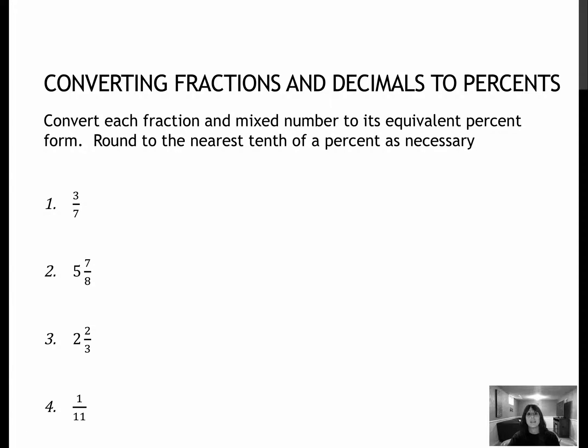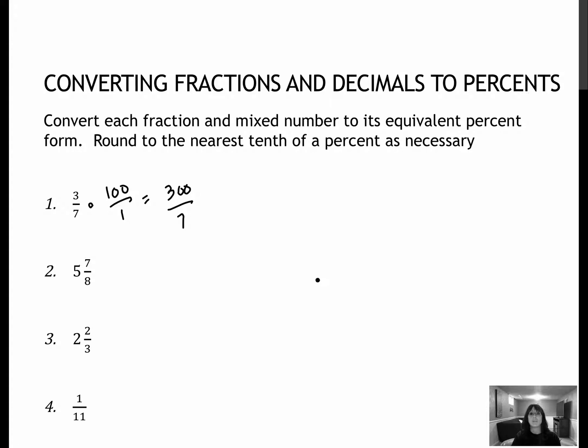These are the same idea, of course, but sometimes you end up with fractions that don't work out so nicely, or decimals that just don't end. So let's take a look. If I take 3/7 multiplied by 100 over 1, nothing reduces. 3 times 100 is 300, and 7 over 1 is 7, and I can't leave that fraction as a percent.